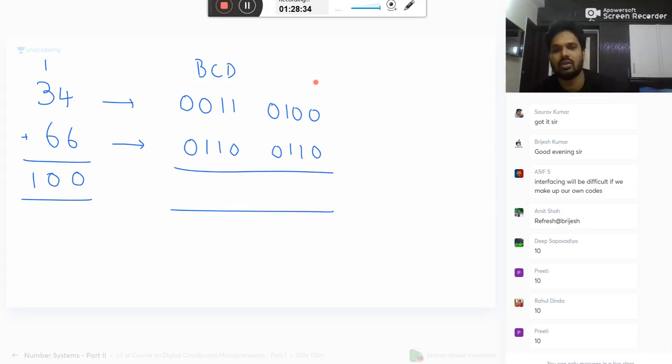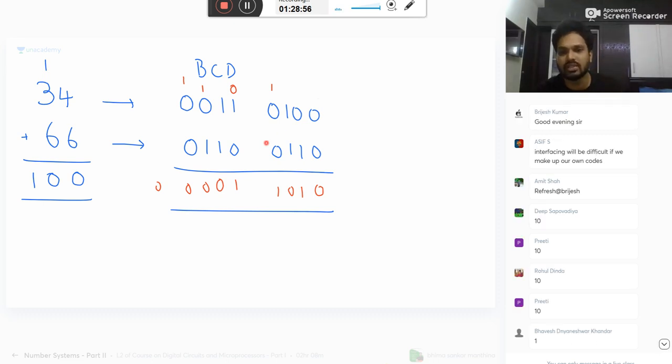Now add these numbers, you get 0, 1, 0, 1, 0. If you see here, every 4 bits is called a nibble.